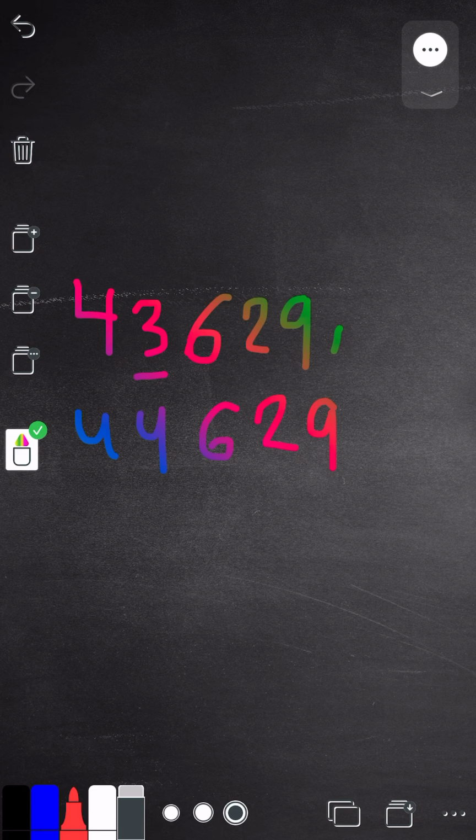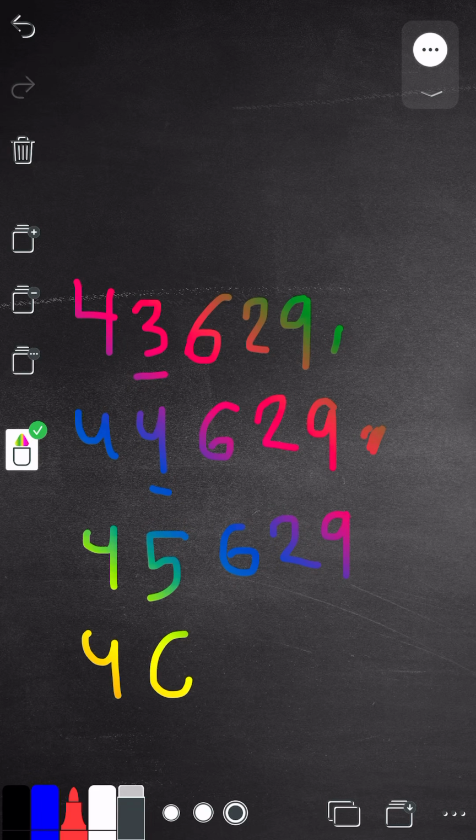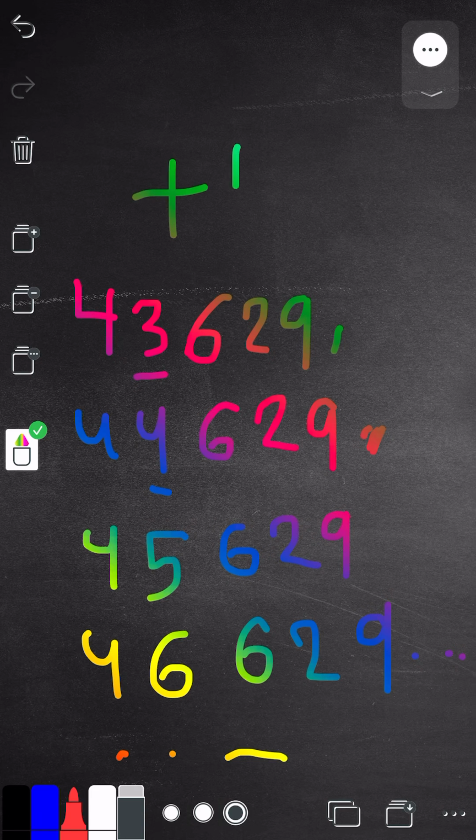It's really easy to tell that the thousands are changing here, and we are adding 1,000 each time. So the next number is going to be 45,629, 46,629, and so on. So here we are adding 1,000 each time.